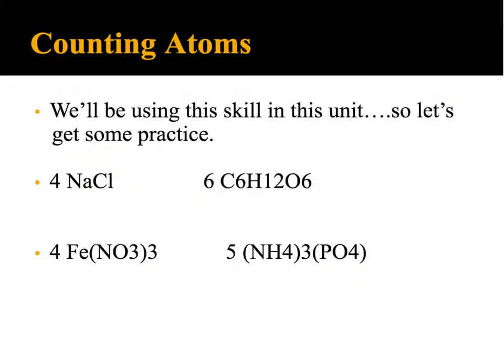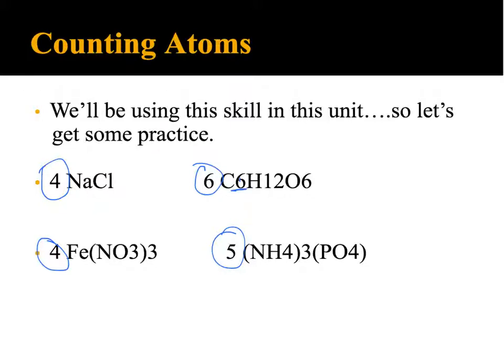In order to balance equations, we have to be able to do what are called inventories of atoms. In other words, we have to be able to count up how many atoms are making up a substance. So coefficients and subscripts are actually involved. I'm looking at these three substances, seeing coefficients and subscripts.